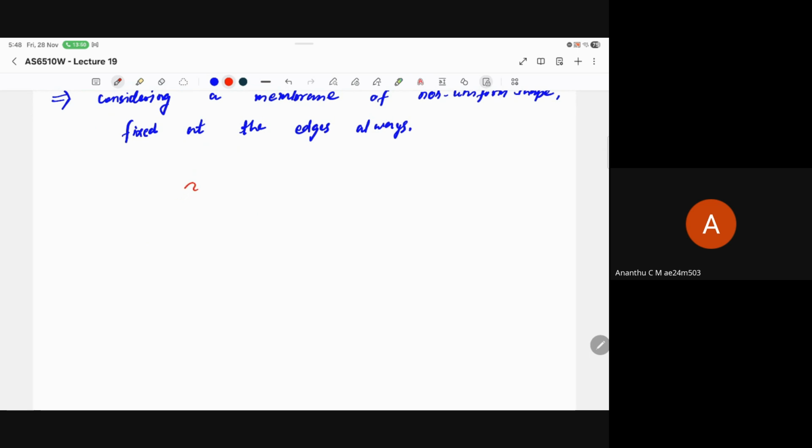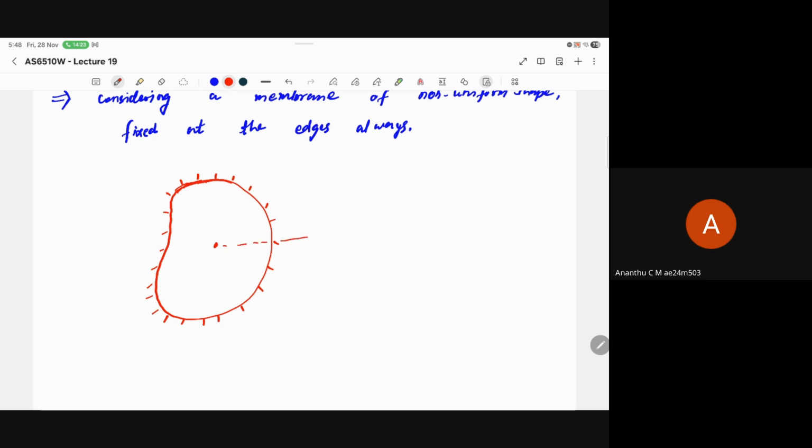So something like this. Okay, and this membrane is fixed at the edges. And let us take somewhere here as the origin of the axis in which it is defined.